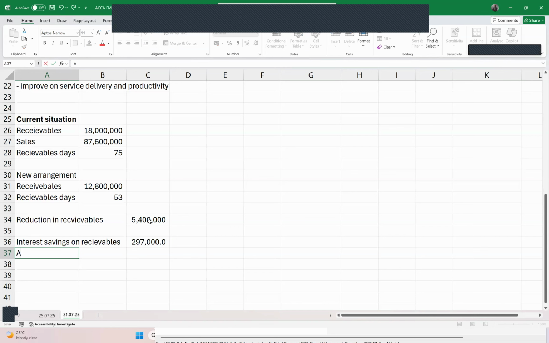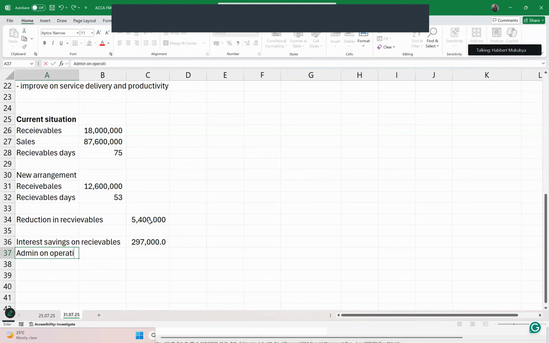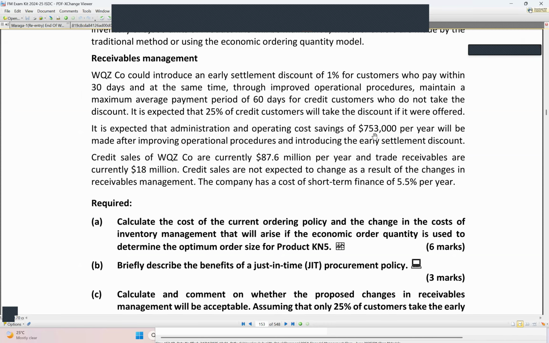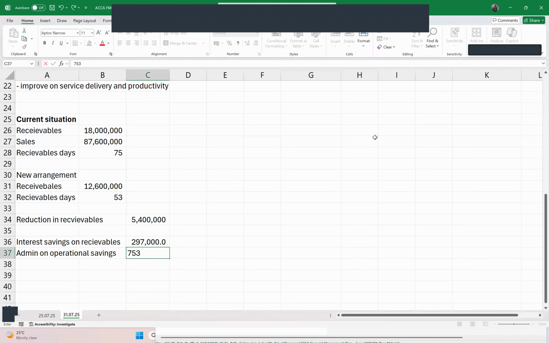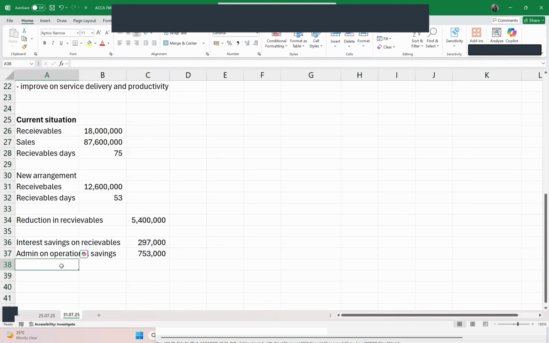We also have admin and operational savings. They told us this was 753. So we have that. And now, what about the cost? So the cost of the discount.